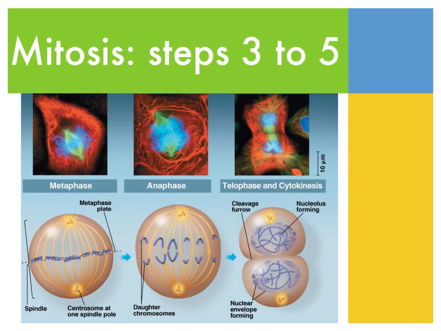So the next step is the metaphase, and during the metaphase, the first thing that we can notice is that the spindle is completely formed, with the microtubules spanning the entire middle of the cell, while the centrosomes are each found at a pole of the spindle.